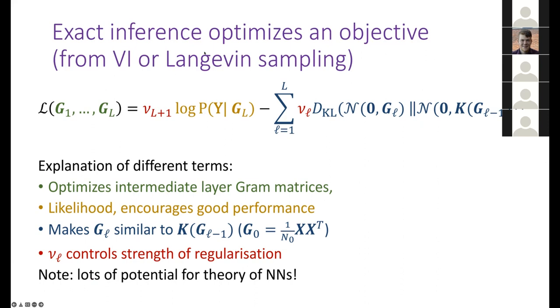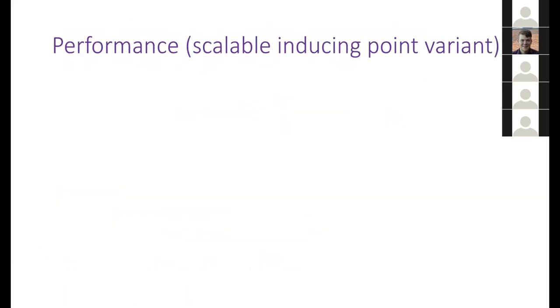Here we've got what is really an incredibly simple objective compared to the pages of algebra that they've come out with. And we've done that by taking a clever infinite width limit that nonetheless mirrors what should be going on in the finite width setting. So I'm also really excited about this, but it's not going to be the focus of the rest of the talk.